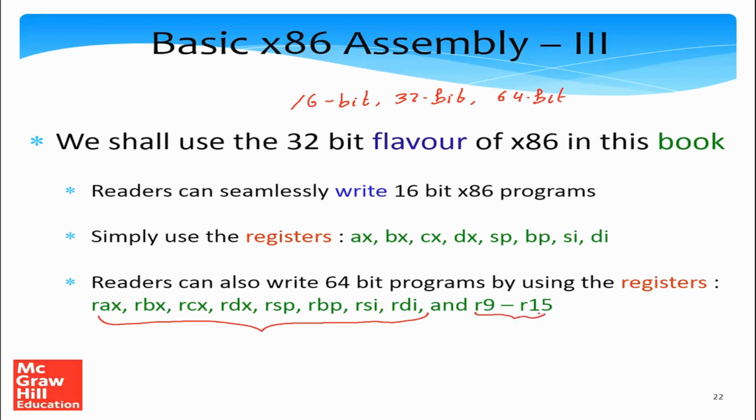These registers are R8 to R15, not R9 to R15, but R8 to R15. Next we will discuss what the individual instructions are like. This particular part of the lecture will end here, and the next part will begin with the move instruction and what it is like.